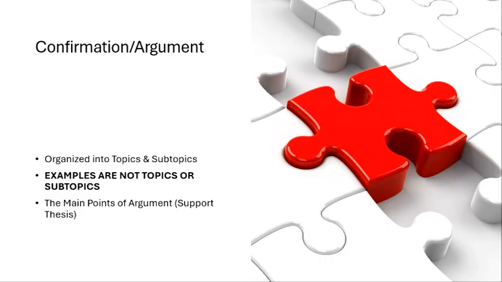That's all this is. That's what the body is. And I want to emphasize, examples are not topics or subtopics. If you have examples, that's great, but they are not topics. They are examples. They're evidence. You need to take that evidence and connect it to a subtopic, to an argument. Does that make sense? Hopefully it does.